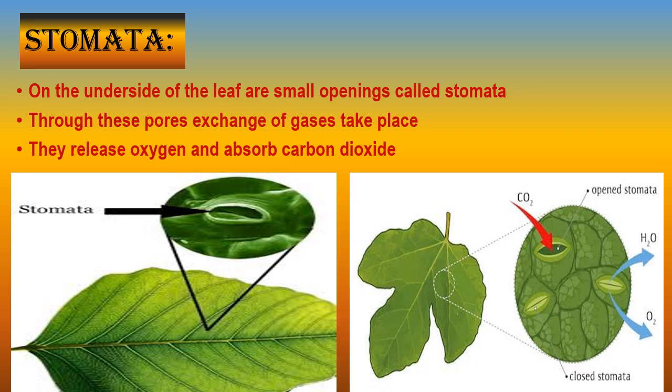As you can see in the first picture, this is the enlarged view of stomata. This tiny pore is present on the underside of the leaf. And as you can see in the second picture, it is showing the gaseous exchange in which the carbon dioxide is entering the pore while oxygen is leaving the pore.